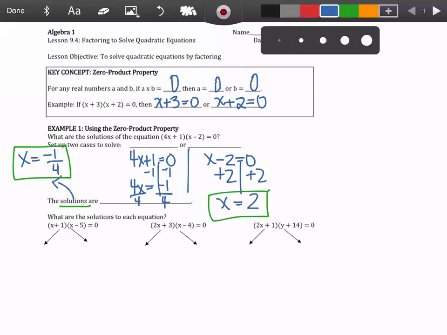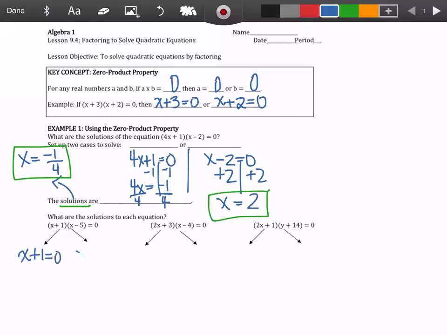So now at the bottom, we have a couple more examples we're going to do. x plus 1, set that equal to 0, and x minus 5, set that equal to 0. Then balance the equations. Get x by itself on the left here.